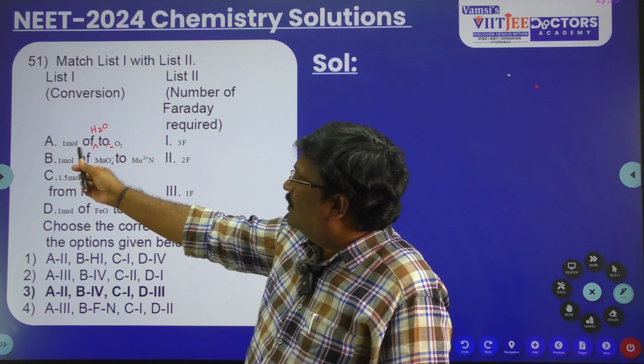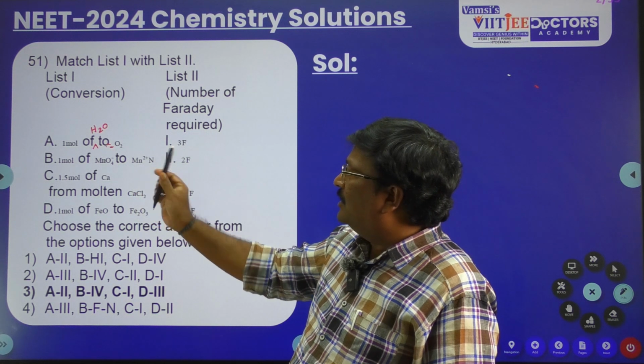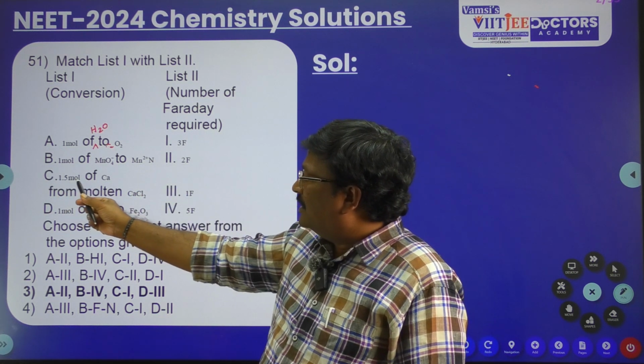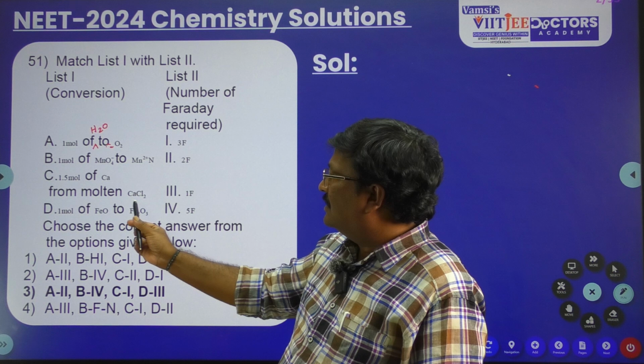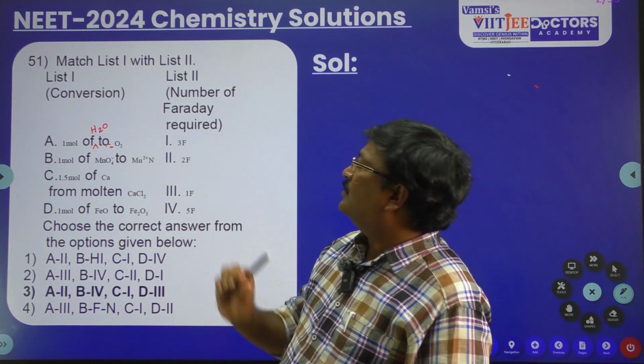Here A, 1 mole of H2O2 to oxygen; B, 1 mole of permanganate to Mn2+; C, 1.5 mole of calcium from molten calcium chloride; D, 1 mole of FeO to Fe2O3.